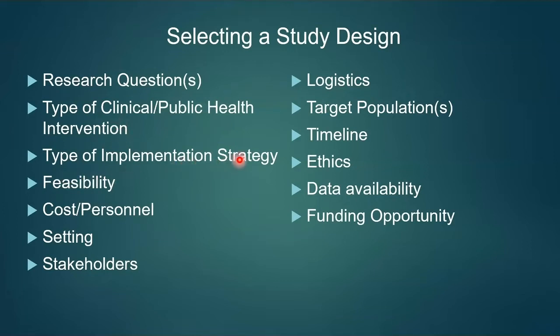What is the implementation strategy, its feasibility, its cost, the personnel that are involved, the settings in which the intervention must take place, who are the stakeholders, what are the logistics in conducting study option A versus study option B, who are the target populations of interest, how quickly do we need answers, are there ethical considerations involving informed consent and randomization and so forth? What kind of data will feasibly be available? And what kind of funding is available to support the research?